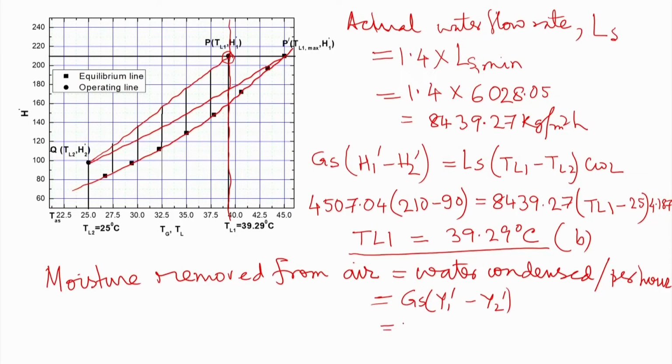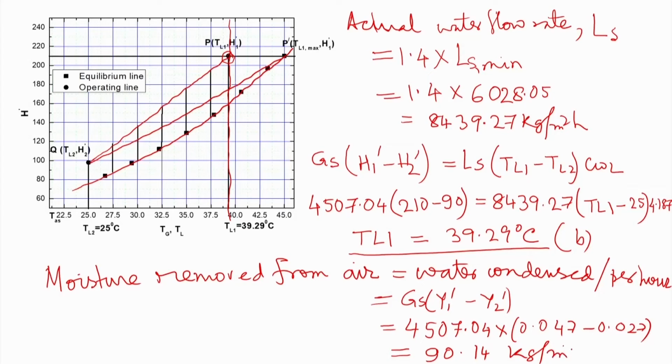So, that is 4507.04 into 0.047 minus 0.027, which comes out as 90.14 kg per meter square hour. So, this is how much moisture is removed from the air during this process, the answer of problem C.